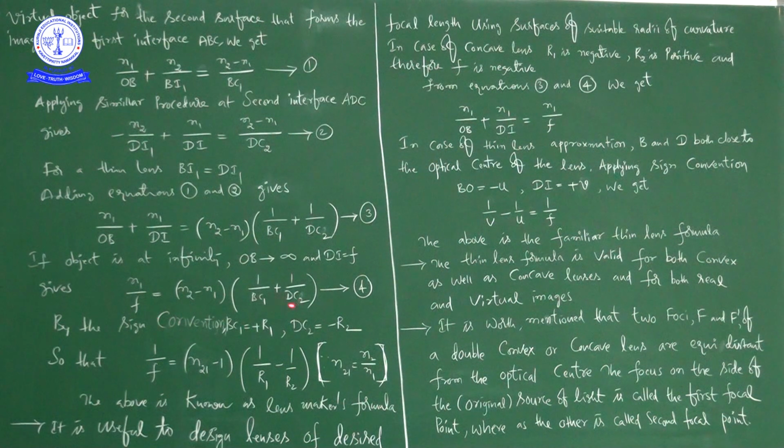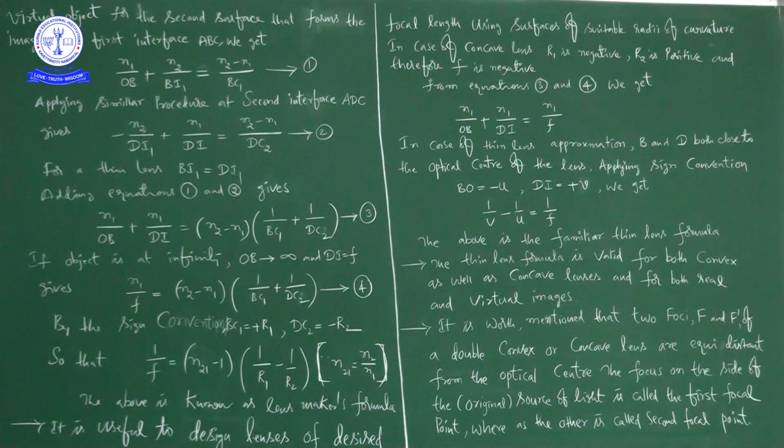Then we get 1 by f is equal to (n21 minus 1) into (1 by R1 minus 1 by R2). Here n21 is equal to n2 by n1, the refractive index of the second medium with respect to the first medium. This is the important lens maker's formula. The above is known as the lens maker's formula.